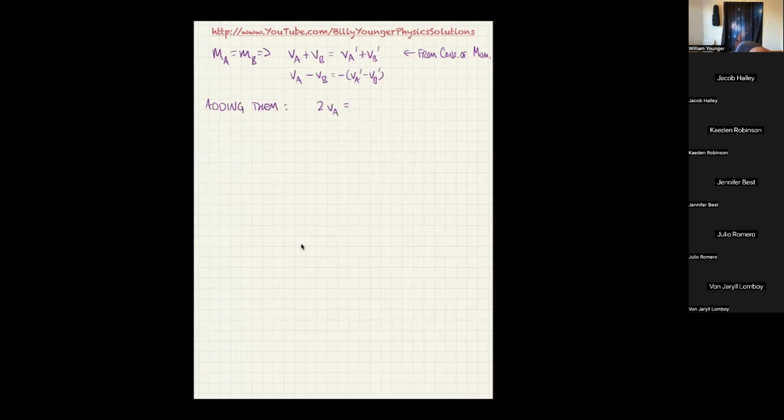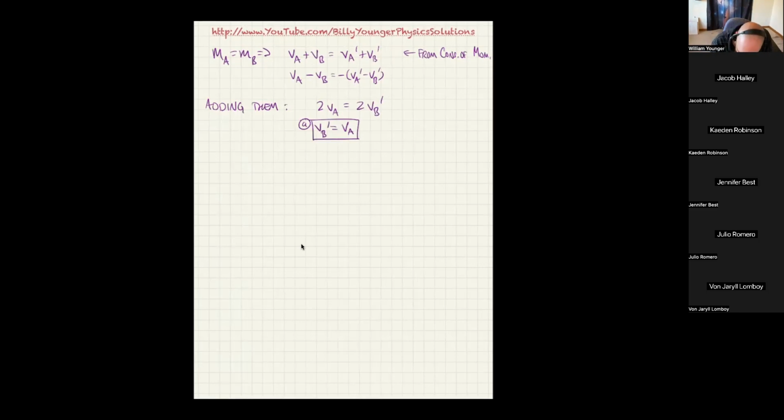So that's no VA primes left. And then we get VB plus VB prime. So that's 2VB prime. So what that tells us is that VB prime is actually now just going to be equal to VA. And that's one of our answers for part A. In other words, basically the velocity that the particle coming in initially with VA, now the other particle that it hit has that velocity.